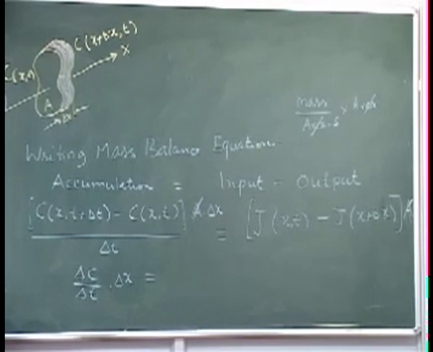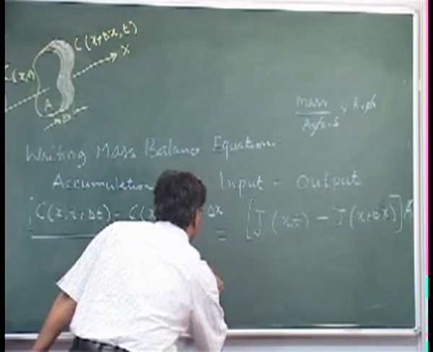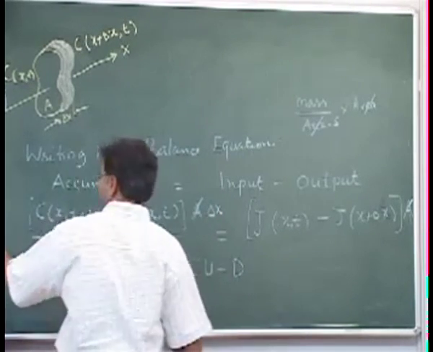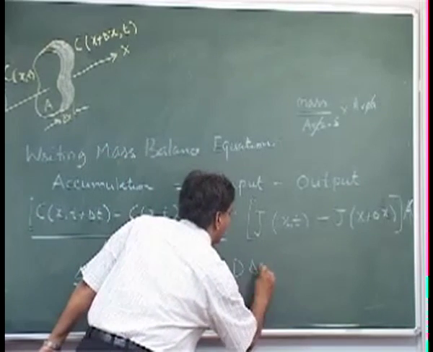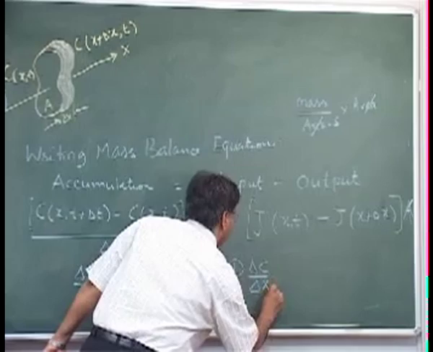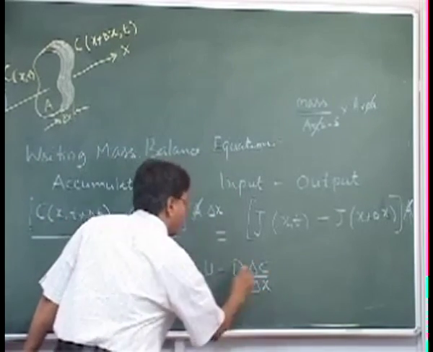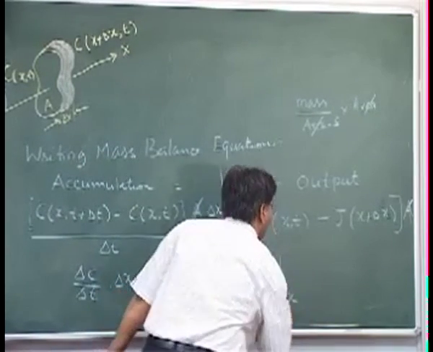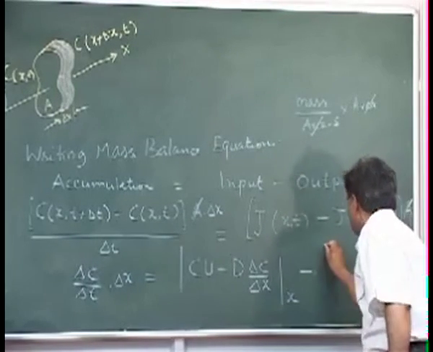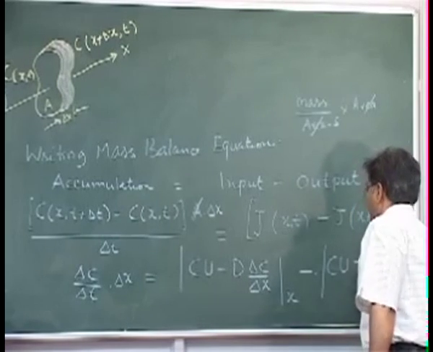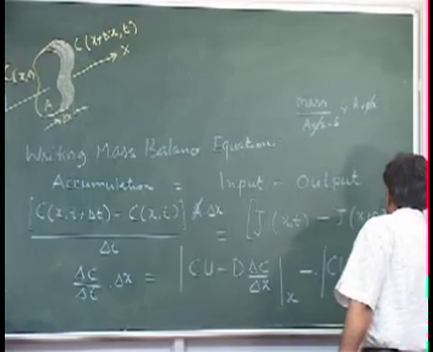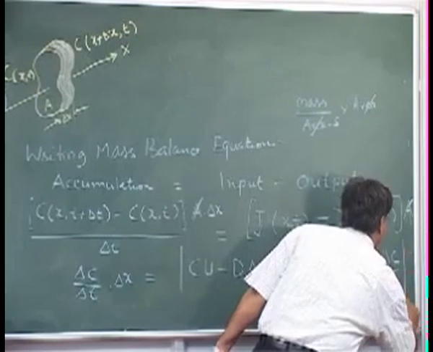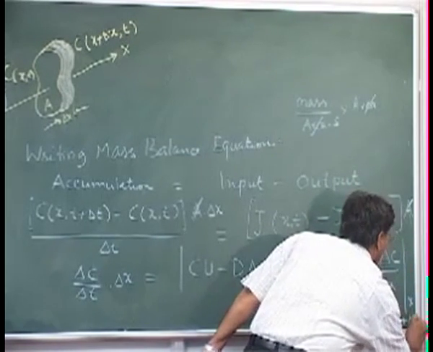So I can write here Cu minus D, since we are still writing in delta, delta C over delta x, evaluated at x, minus Cu minus D delta C over delta x, evaluated at x plus delta x.